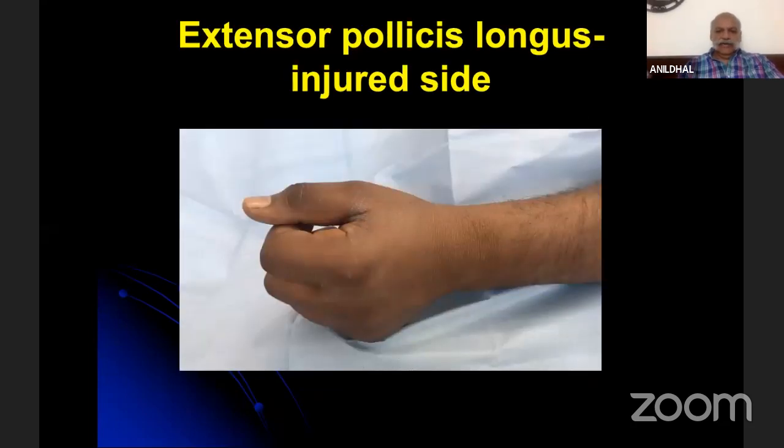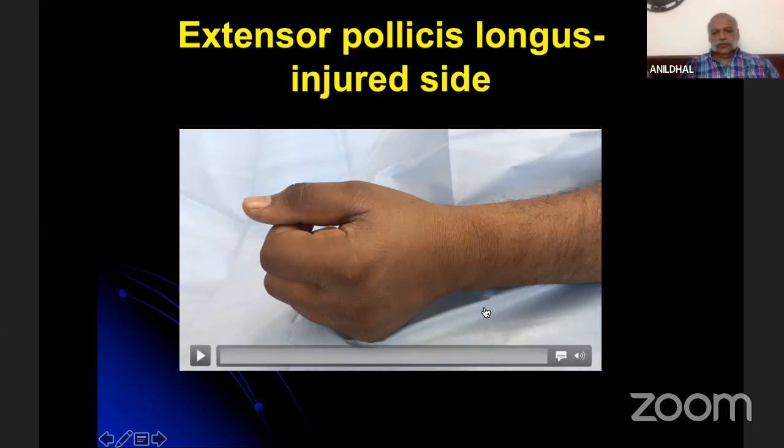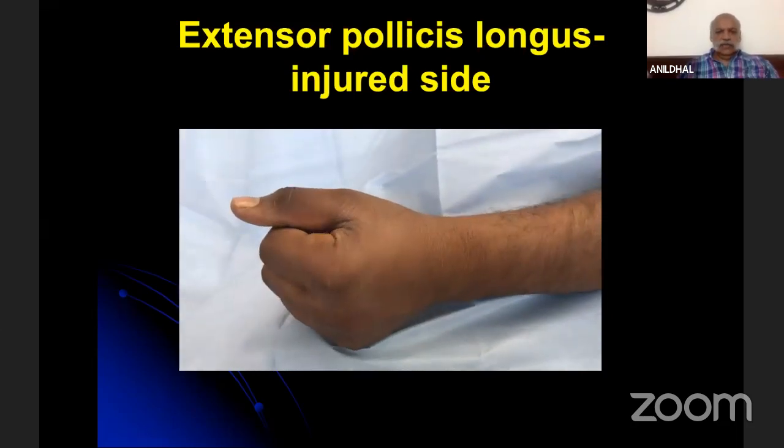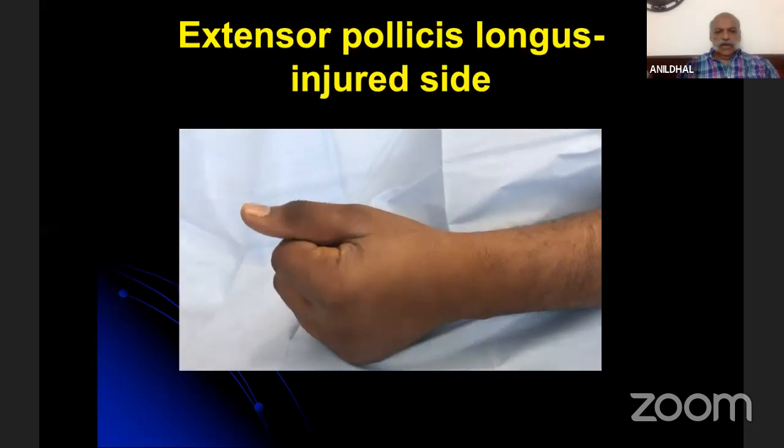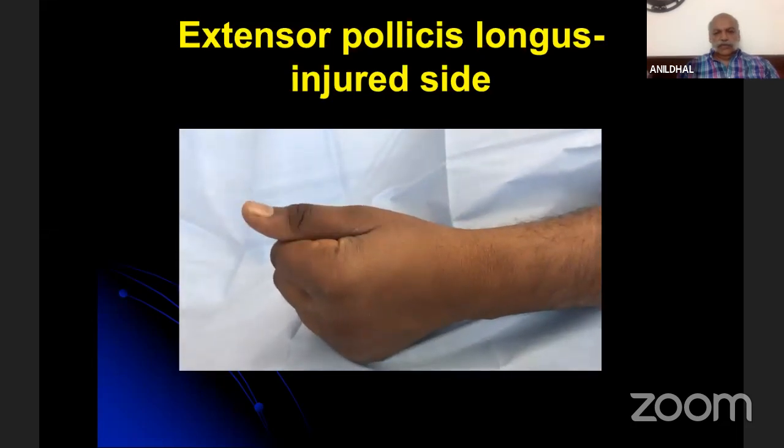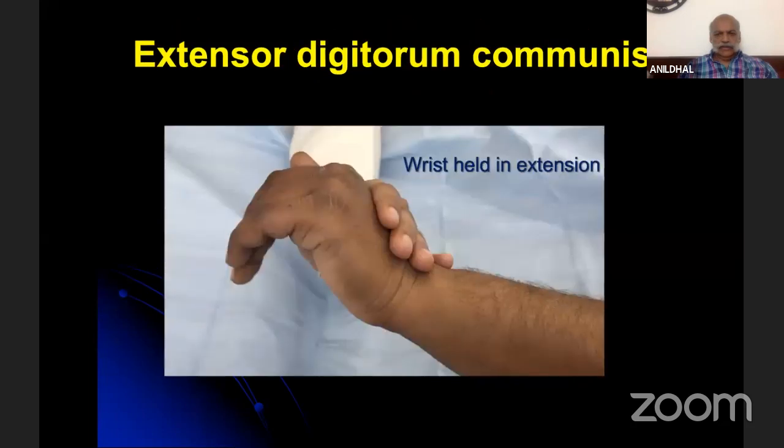To complete the muscles supplied by the radial nerve, the next in line is the extensor pollicis longus. The patient is unable to extend the thumb, but he's trying to move it sideways in an attempt at some sort of trick movement. So extensor pollicis longus is also paralyzed in this case.